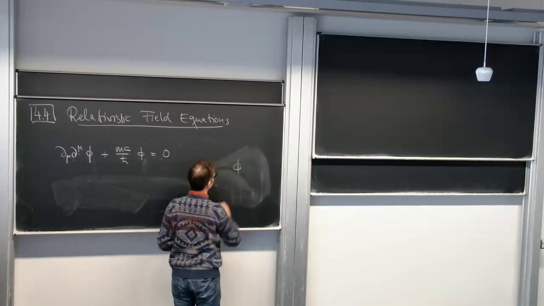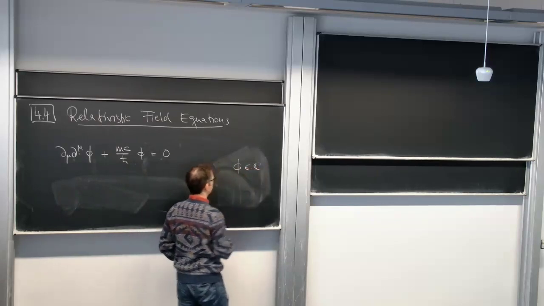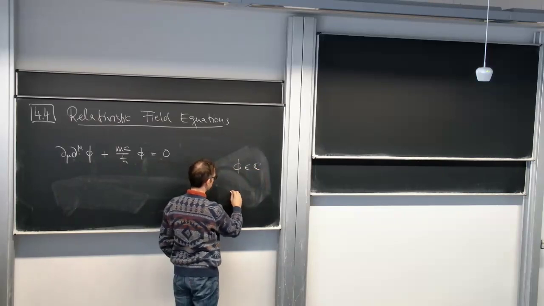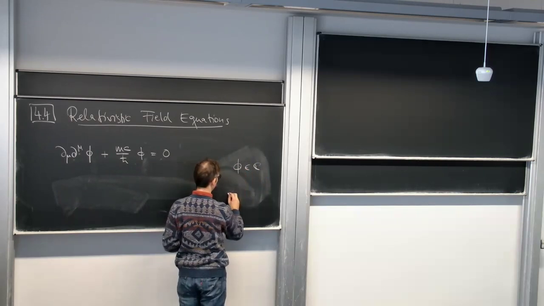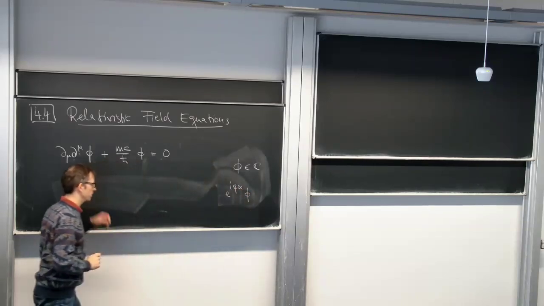If you have your complex field phi, that's complex valued at every point in space, then you could choose to change it by a phase, e to the i, then let's call this Q, and let's call this angle α.